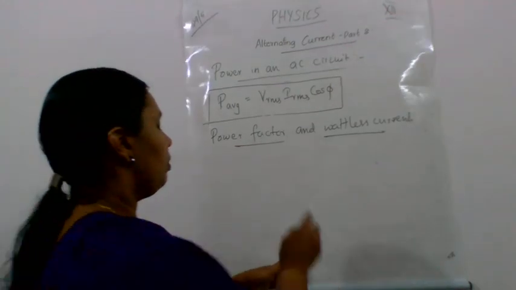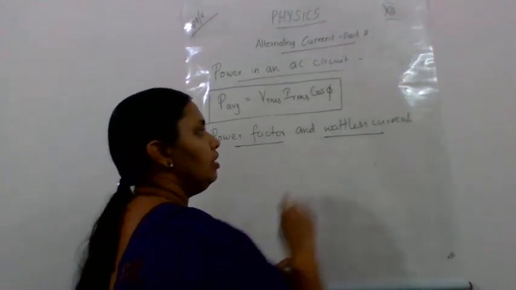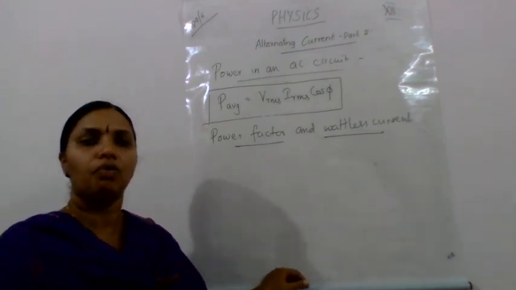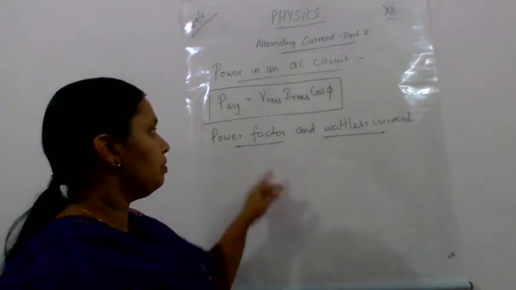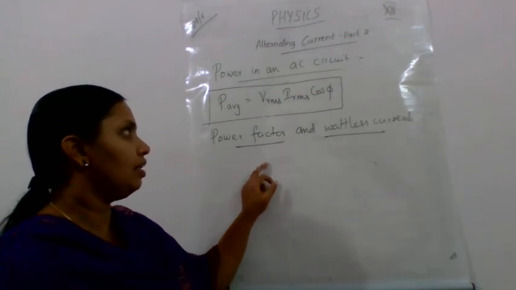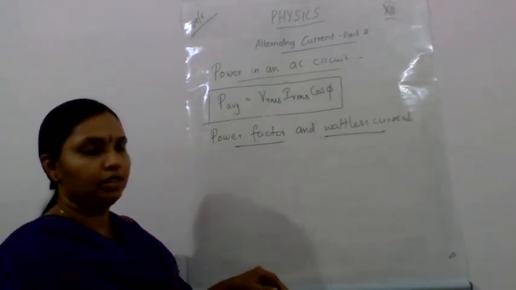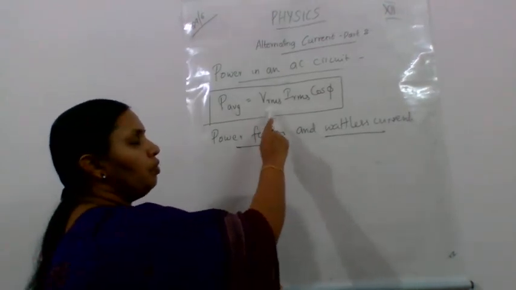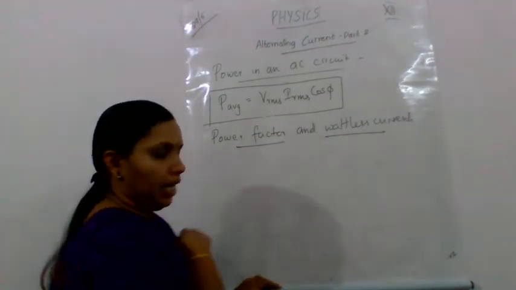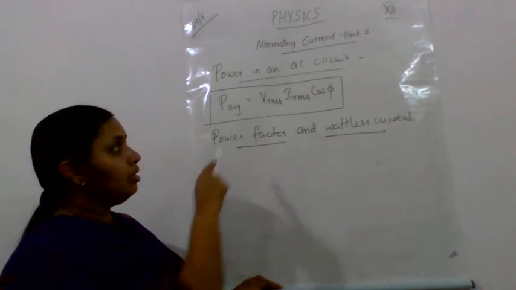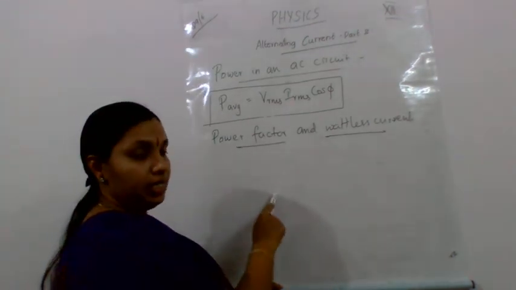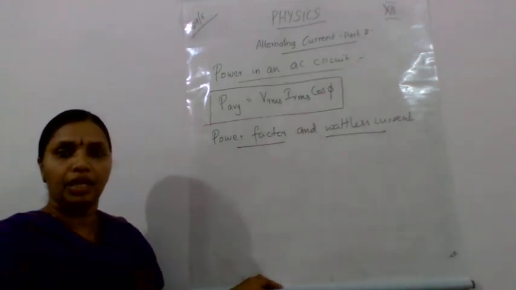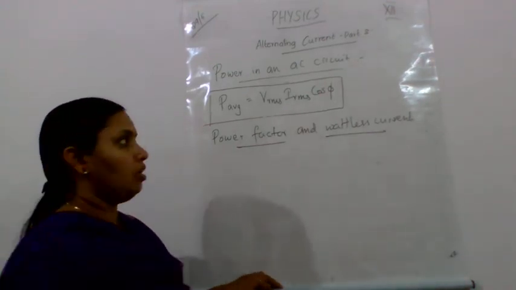Next is about the power factor and wattless current. So first we will move to power factor. What is power factor? We know from the equation P average is equal to Vrms Irms cos phi. The average power varies according to the term cos phi.